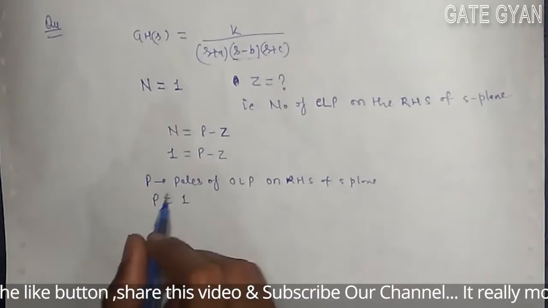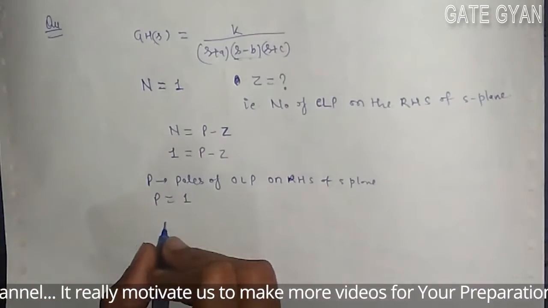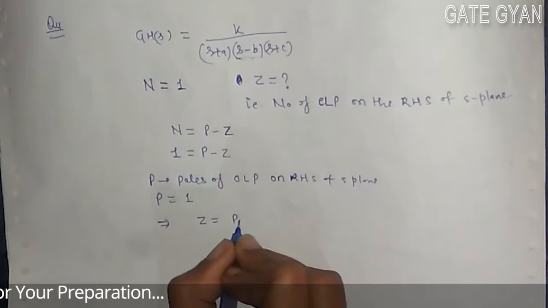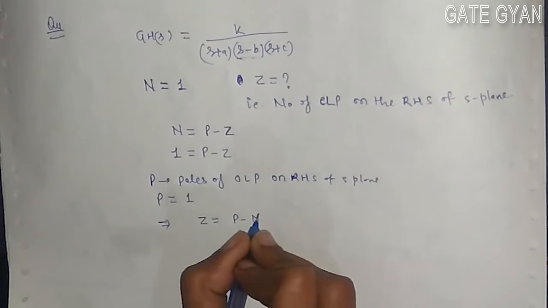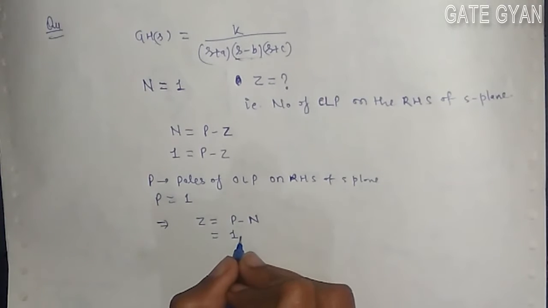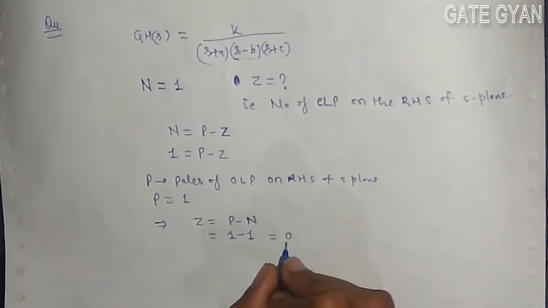Now we have P and we have N, so we have to find Z, which implies that Z is going to be equal to P minus N. Z is going to be equal to 1 minus 1.